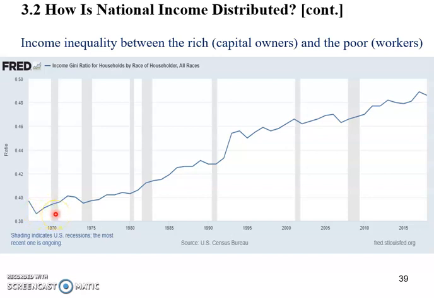And Gini is a number ranging between 0 and 1. 0 means absolutely equal, so everybody has the equal size of the pie. 1 means absolutely unequal, so one person in the economy takes the entire pie. As we can see here, in the past few decades, the Gini in the United States rose significantly.